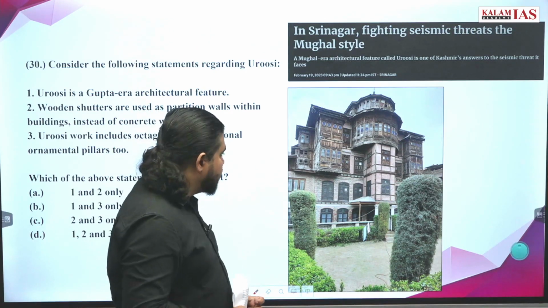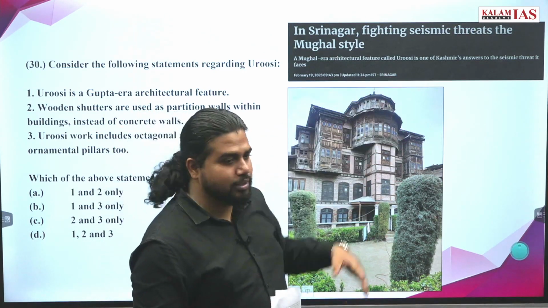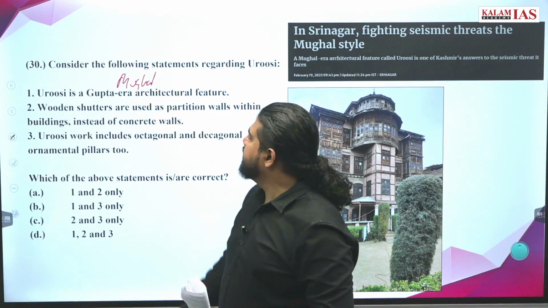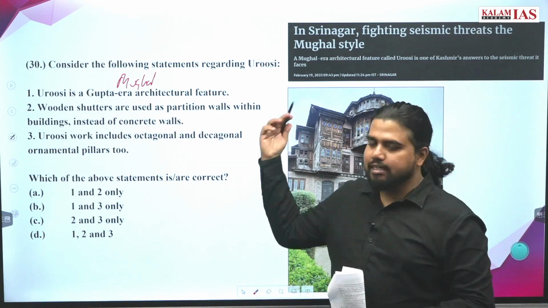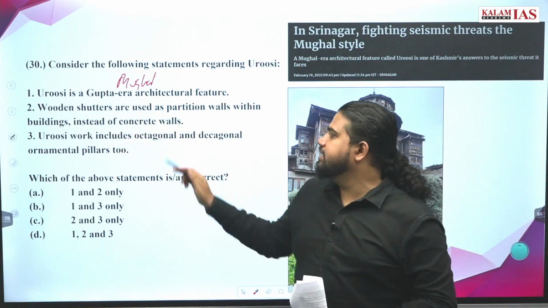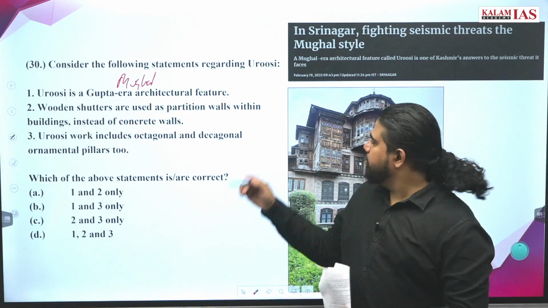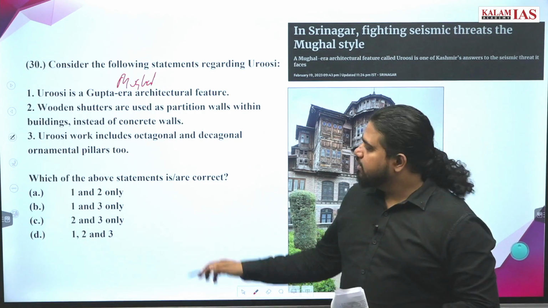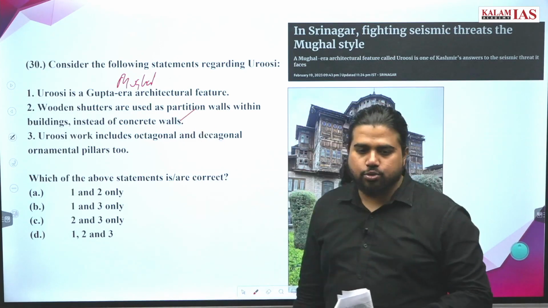How are they resisting earthquakes? This is a building of the Urusi model. It is a Mughal era architectural feature in Srinagar, Jammu and Kashmir. Wooden shutters are used in partition walls within the building instead of concrete walls. So the inside separation is done using wooden walls. It will give more resilience to the building.